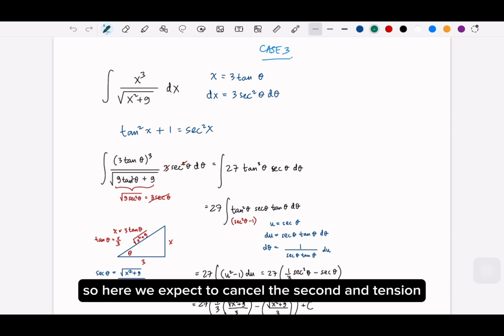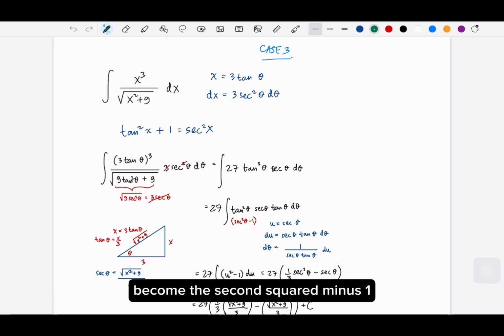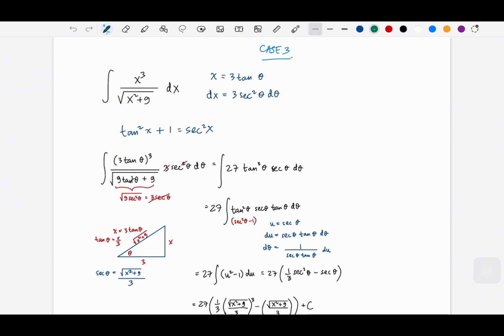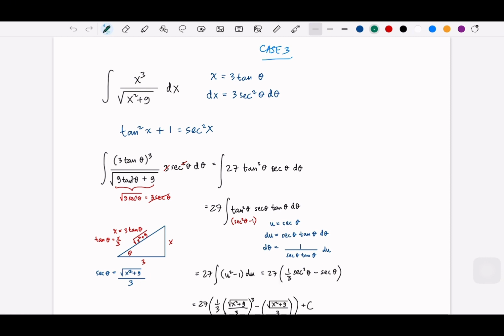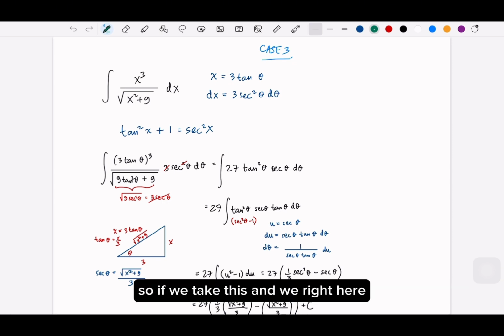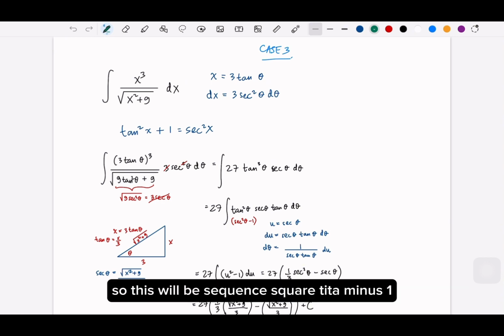Okay, so here we expect to cancel the secant and tangent. So we are going to change the tangent squared to secant squared theta minus 1. And if we let u equal secant theta, it will also cancel the secant and tangent, right? So if we take this, let me write here. So this will be secant squared theta minus 1, and this will be secant theta tangent theta d theta.